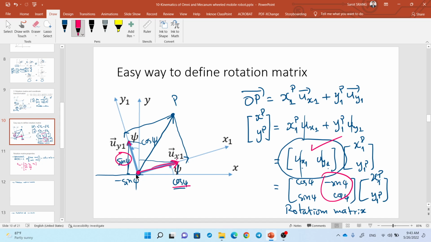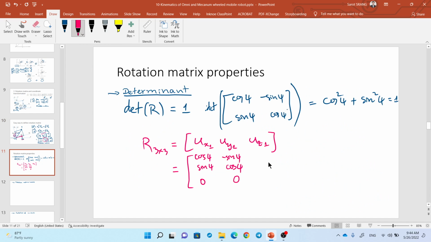And then the unit vector on the z-axis itself, uz1. So uz1 has a component on the z-axis only, right? So it should be 0, 0, 1. And then you check, determinant is still 1? Yes. Take this and times its cofactor, so 1 times the determinant of this, because the determinant of this is 1.